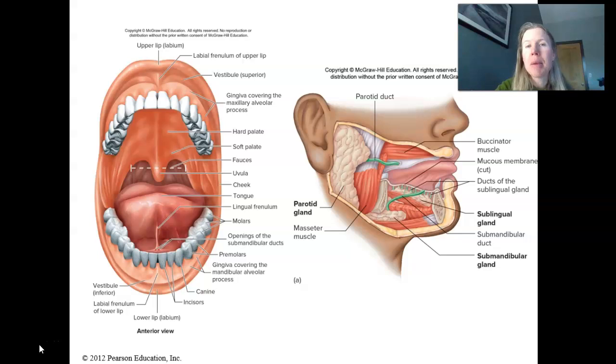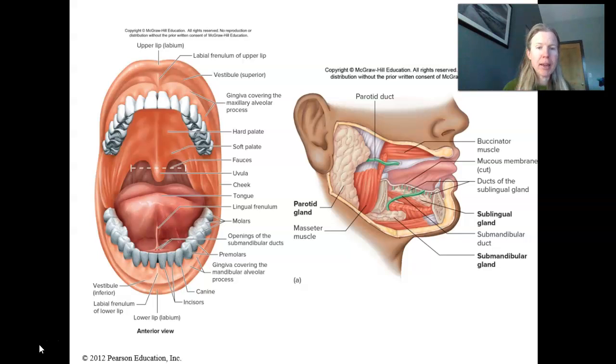So we do get limited chemical digestion of food starting here, particularly only carbs and lipids. There is an enzyme called salivary amylase, and that's going to begin the digestion of carbohydrates. And then lingual lipase, lipase tells you that's what starts the digestion of lipids.